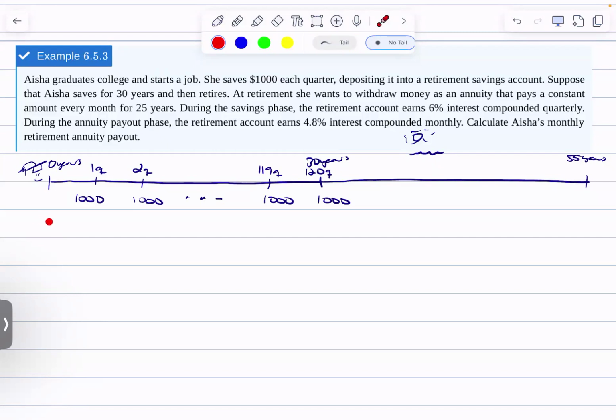The value when she graduates of this thing is 0. She hasn't deposited anything, she's not starting with anything. These, what color should I do for phase 1? I guess I can do the same. Oops, should include that last 1,000.